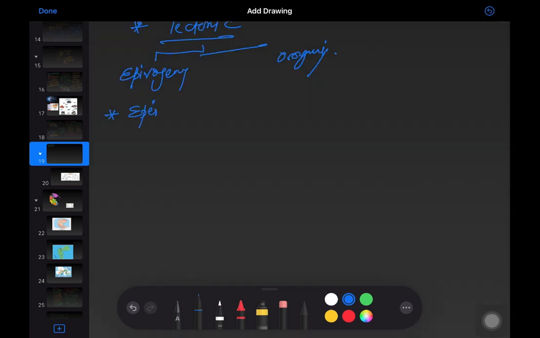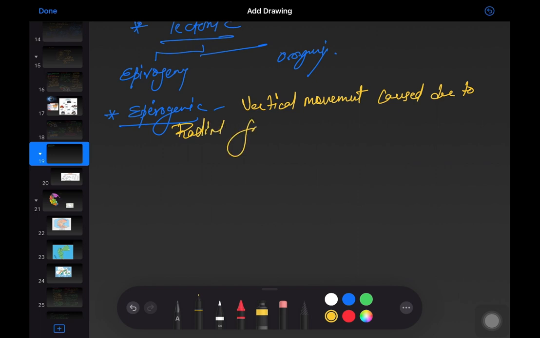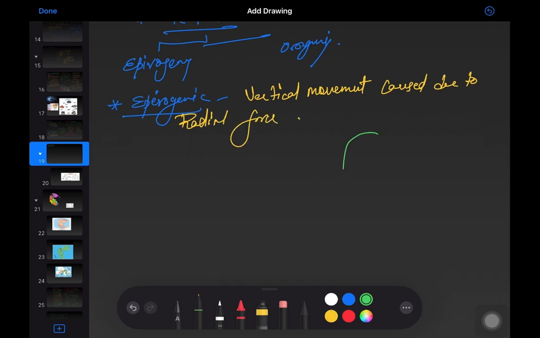Epirogenic movements are the vertical movements caused due to radial force. Let's see. This is our Earth. There are some radial forces operating from within the Earth, like this.